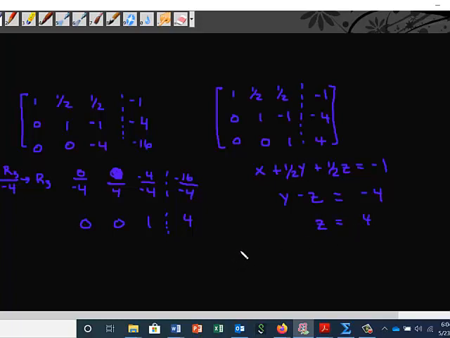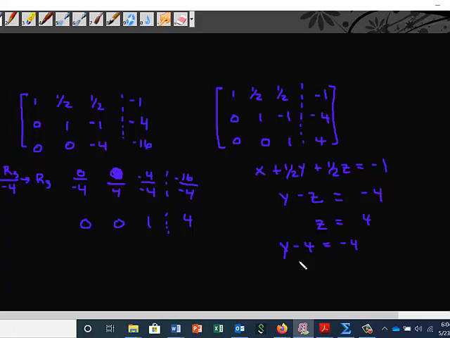So what we do here is we put this back into the equation. We substitute the z back into this equation. And so we see that y minus 4 is equal to negative 4.